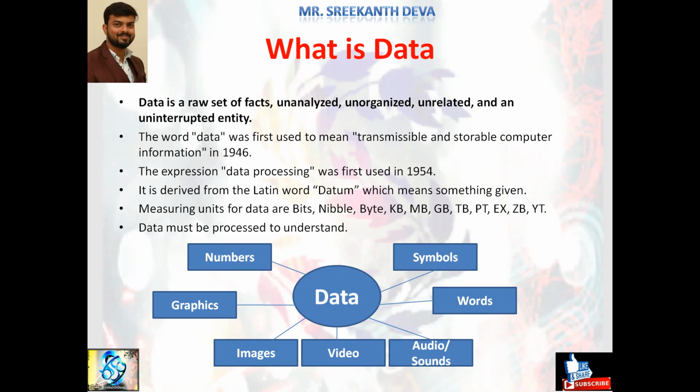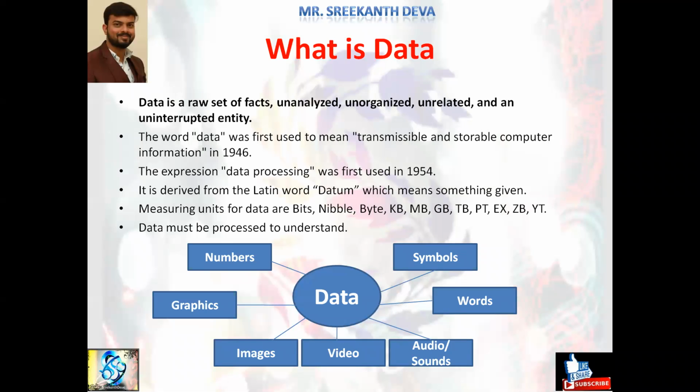The data may be collected in the real world from any sector, and may be represented in the form of numbers, symbols, graphics, images, audio formats, video formats, or words. All of these come under data only. That's what I call a raw set of facts: unanalyzed, unorganized, unrelated, and uninterpreted.